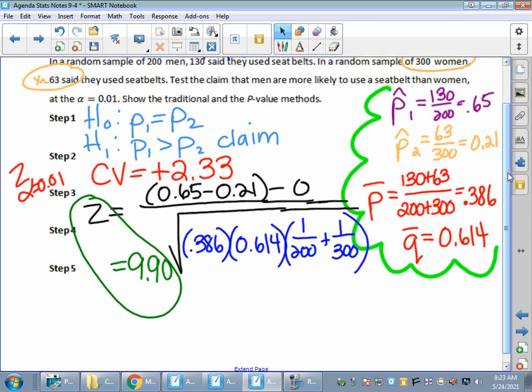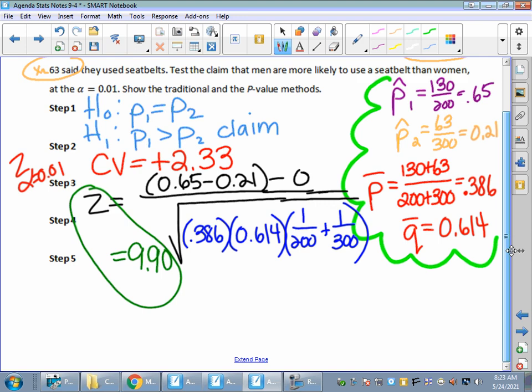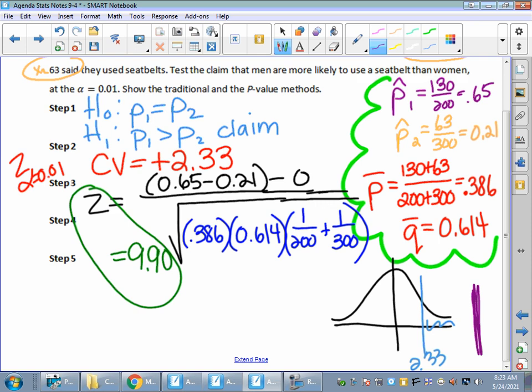Super high test statistic. If we're thinking about 2.33 as our right-tailed critical value, and I've got a 9.90 way out here, obviously that's going to be in the reject H sub 0 region.